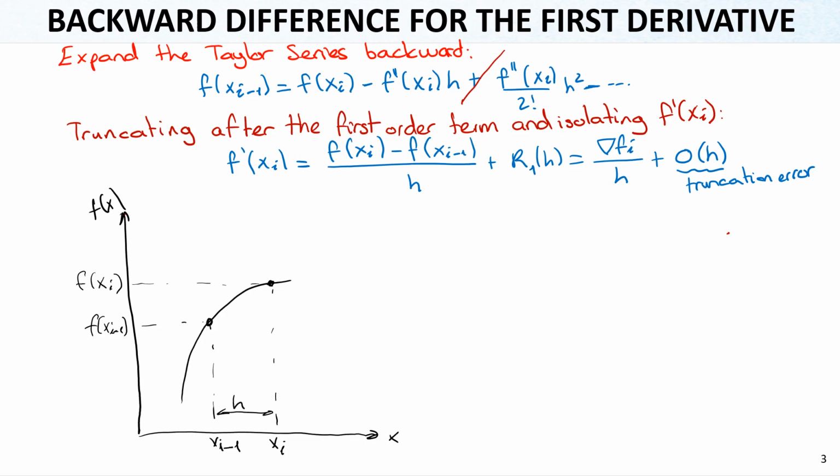And we try to find the derivative of f(x_i). Don't forget that. Always it's x_i. So x_i is here. We want to find the derivative of this. So the derivative is this blue line. Let's say this is the true derivative, which means f'(x_i). But we approach this going backward between the function values of x_i and x_{i-1}.